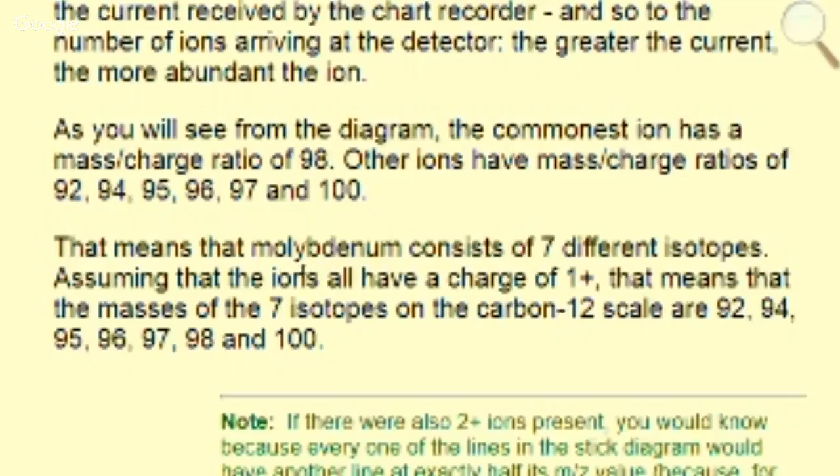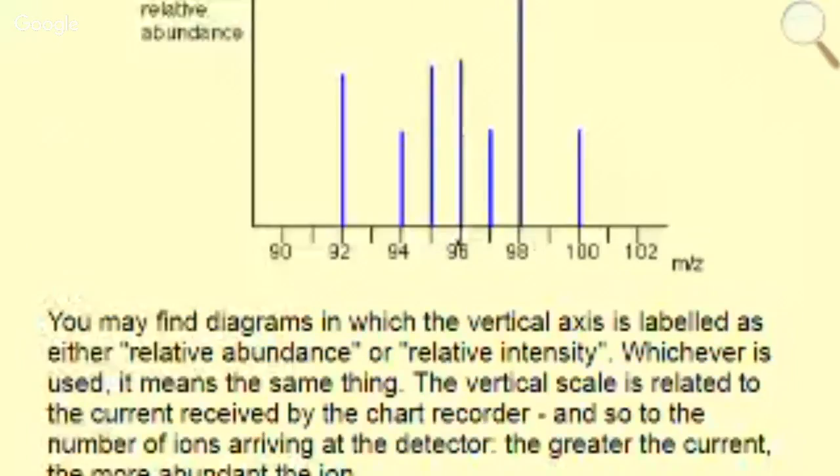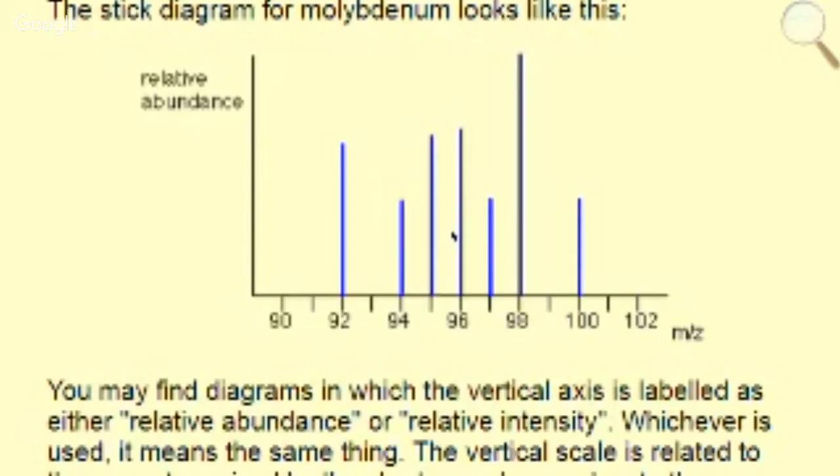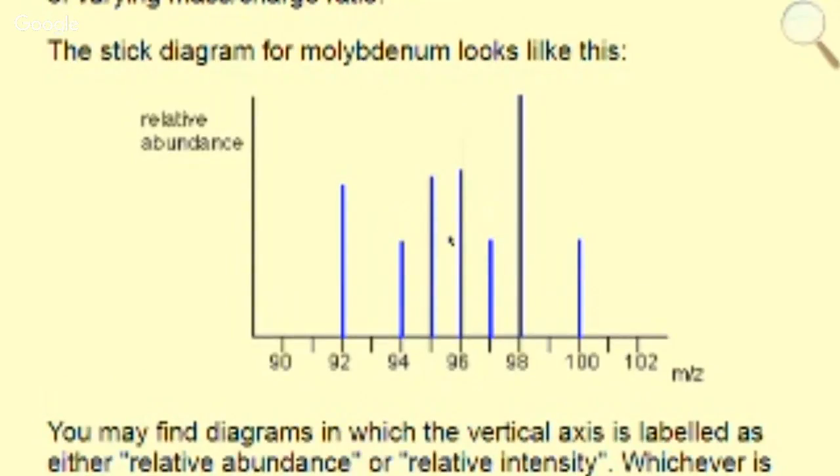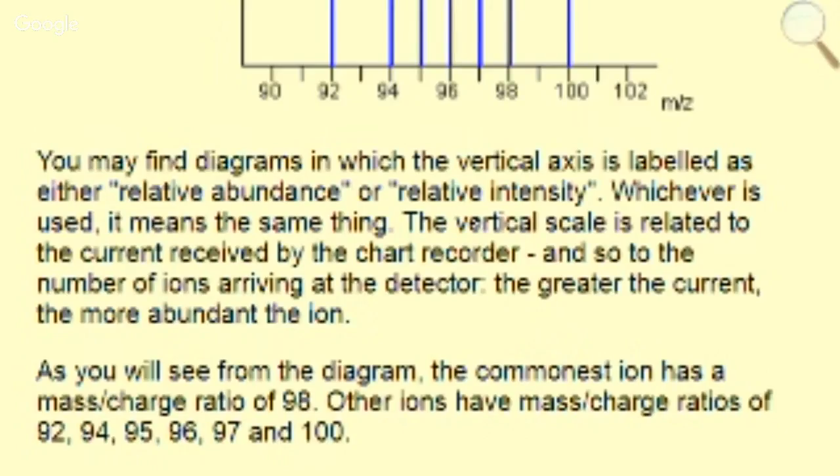That means that molybdenum consists of 7 different isotopes. Assuming that the ions all have a charge of +1, that means the masses of the 7 isotopes on the carbon-12 scale are 92, 94, blah, blah, blah. So it's starting to get a wee bit more complicated understanding the chart. So it's not looking at individual atoms in this case, so talking about it being isotopes.